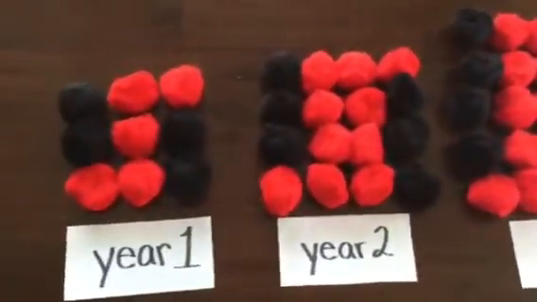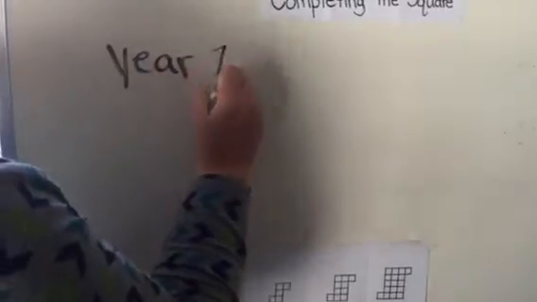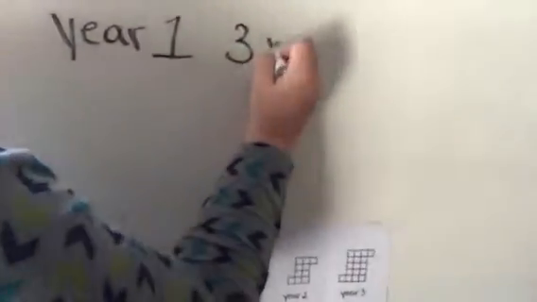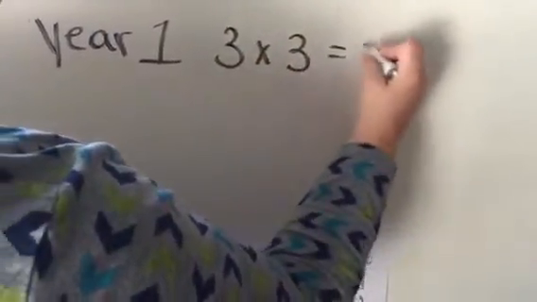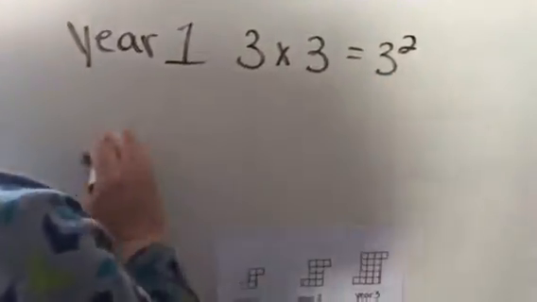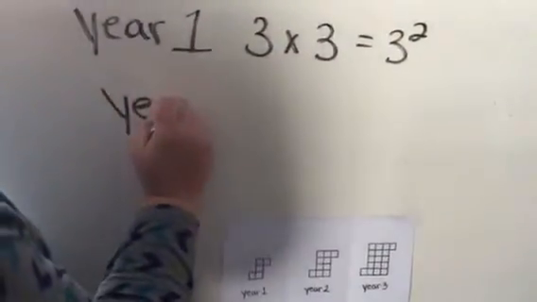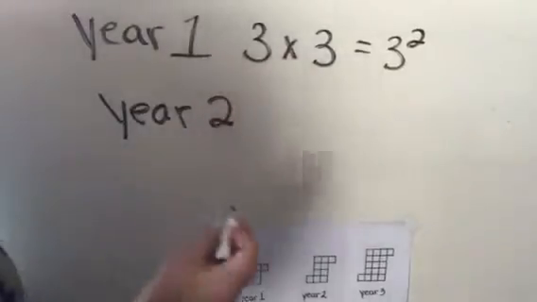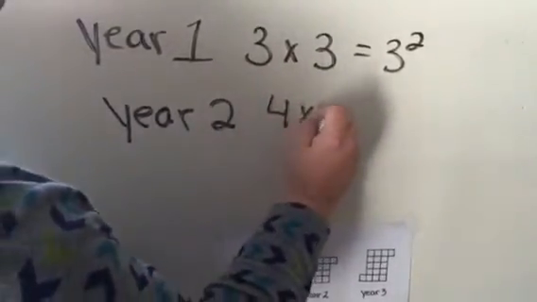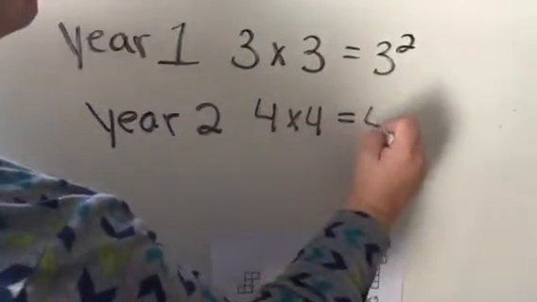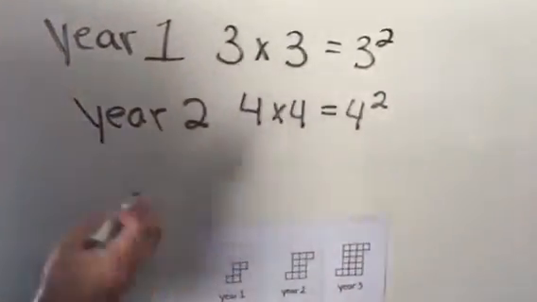We can see that year 1, the square is a 3 by 3 square, or 3 squared. Year 2, the square is a 4 by 4 square, or 4 squared.